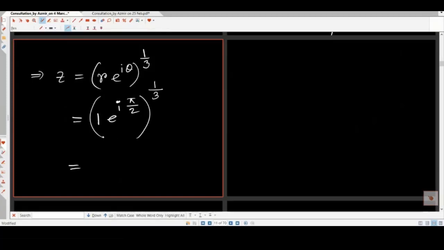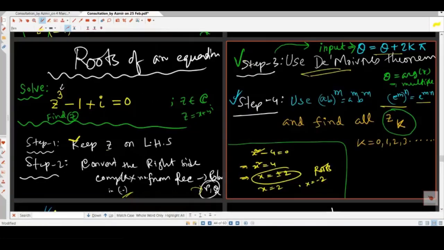Let's simplify. 1 times this quantity is e to the power i pi over 2, with power 1 over 3. So this is z equals, but now we are in step 3. We need to apply De Moivre's theorem.